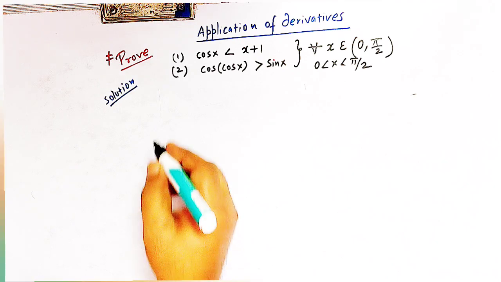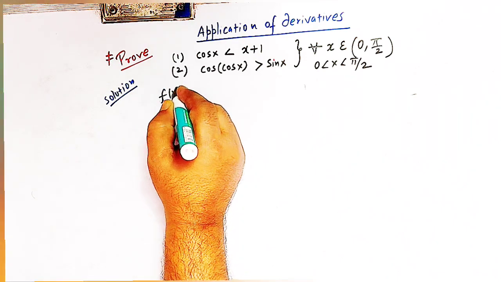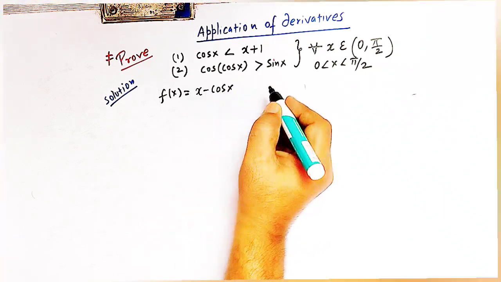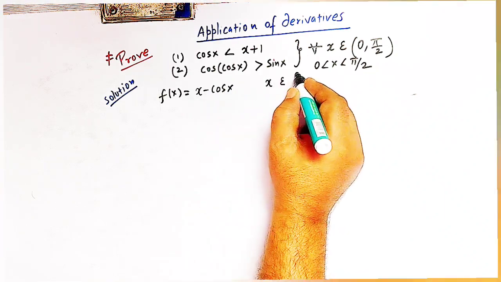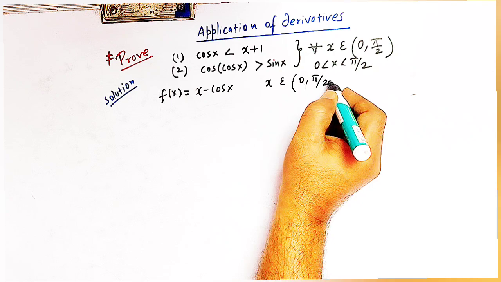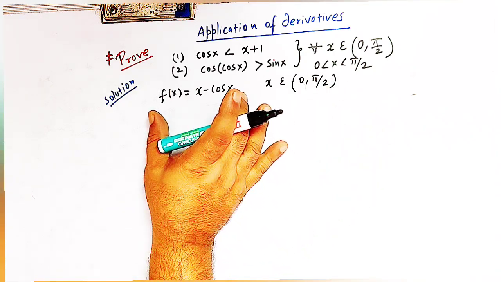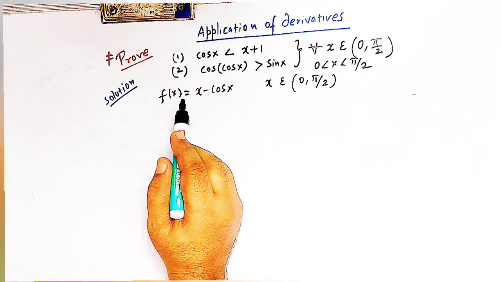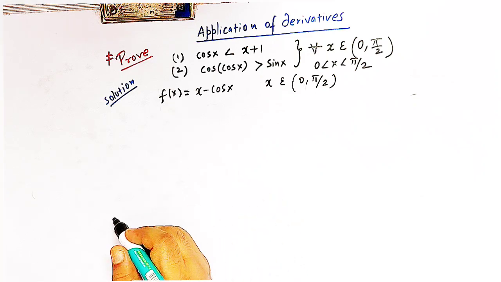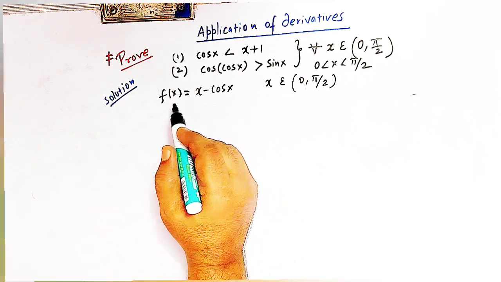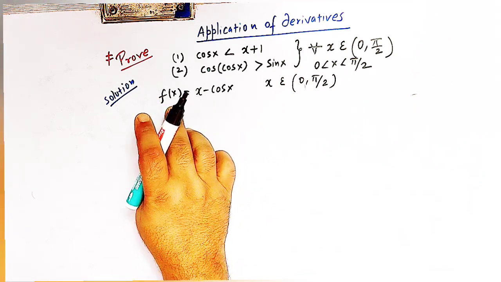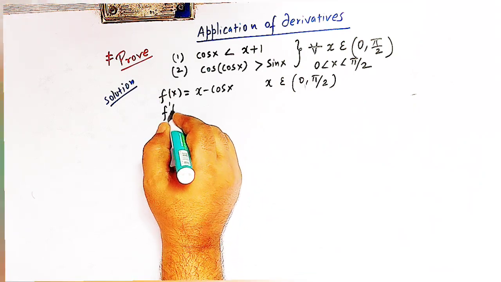To begin with, we'll take the function f of x is equal to x minus cos of x, and x belongs to the interval 0 to pi by 2. Here we'll see that this function f of x is an increasing function, and to prove that, we'll first find the derivative of this function.